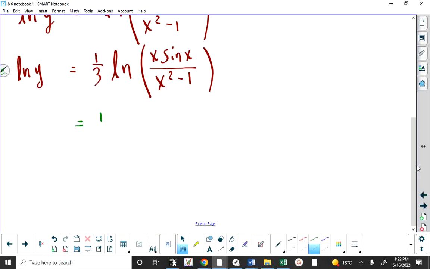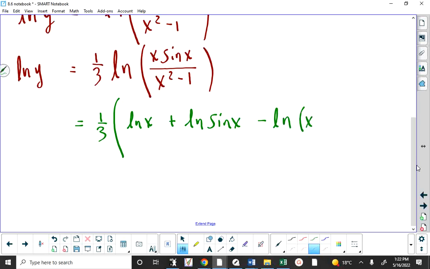This is then written as 1/3 times the natural logarithm of x plus the natural logarithm of sine of x minus the natural logarithm of x squared minus 1. In other words, we're breaking down the logarithm and saying the logarithm of a product is the sum of the logarithms. The logarithm of a quotient is the difference of the logarithms. You're with me on that, I hope.